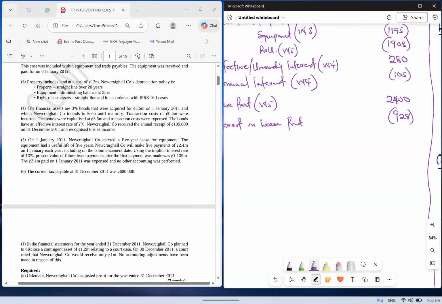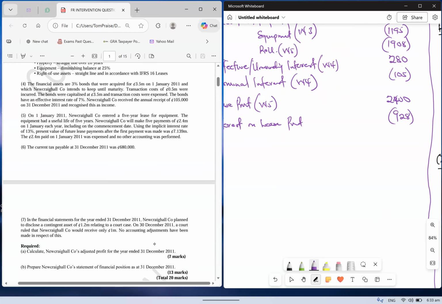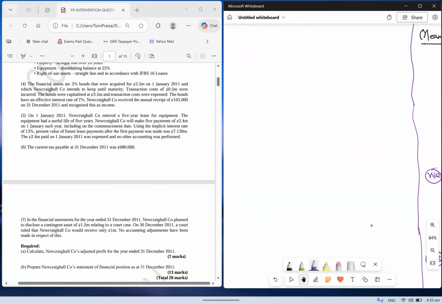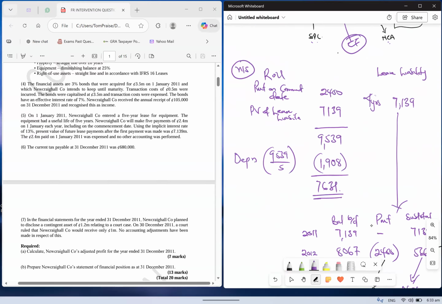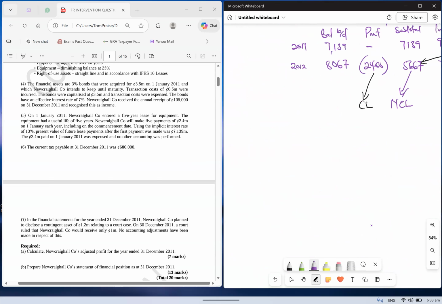What else is left? Current income tax is 680. Have you done tax? Yes. So working 6, tax. We have two of it: the current tax and the deferred tax. For the current tax, you need the entity's estimate for the year.